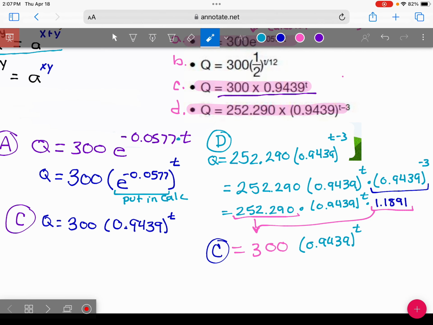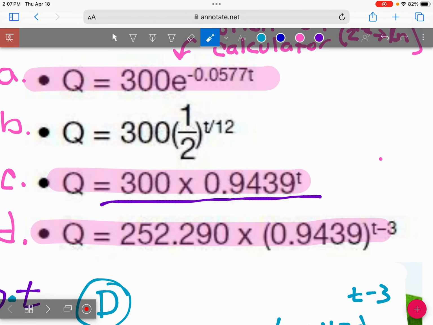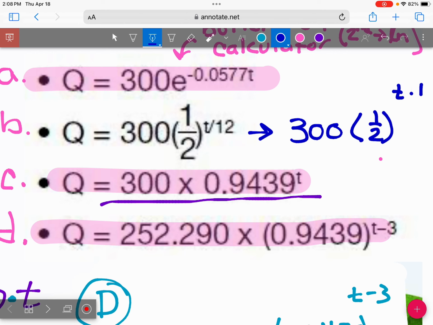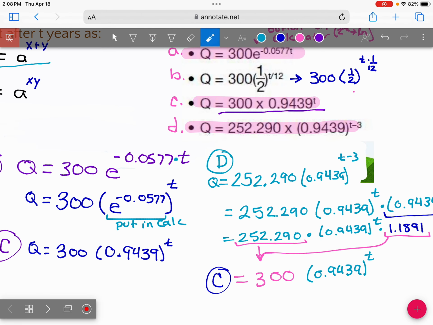Okay, and the way we did from A to C is very similar to how we could do B. I could make this be 300 to the 1/2, and write this as T times 1/12, and then do it the exact same way we did this one, where we split it apart into two different pieces and put one of them into the calculator. It's gonna give us the same thing, but it's the exact same process as here.